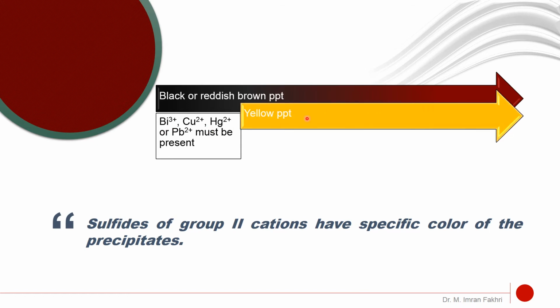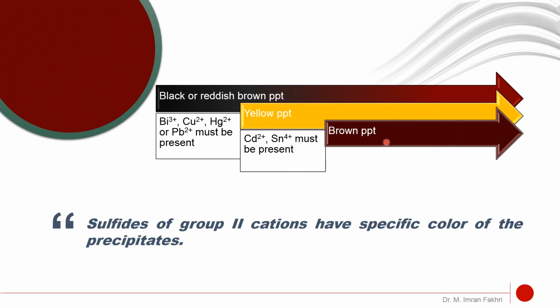When the precipitates are yellow, meaning the sulfides are yellow in color, we may have cadmium and Sn4 positive ion. These cations, cadmium 2 positive ion and Sn4 positive ion, form yellow precipitates when we add dilute HCl and hydrogen sulfide gas into the original solution of salt.